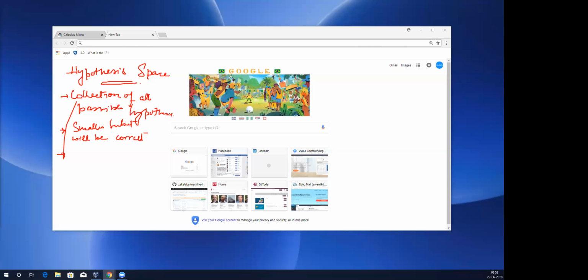Now, talking about hypothesis testing. There is a term that is known as null hypothesis.